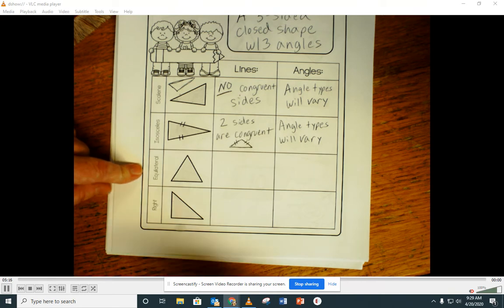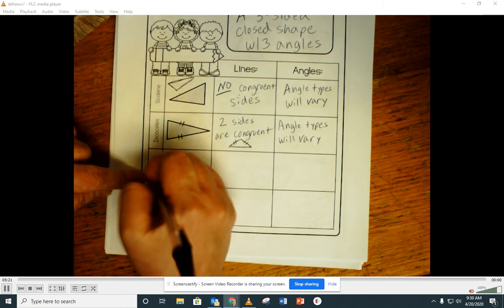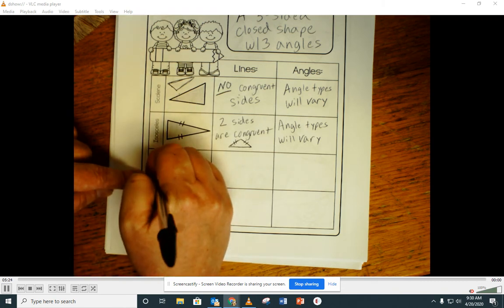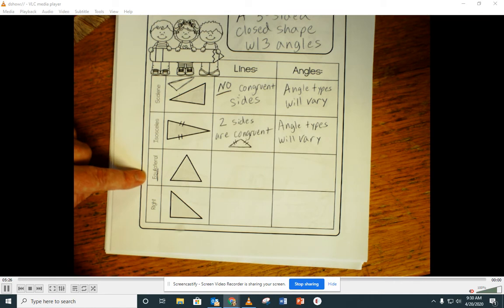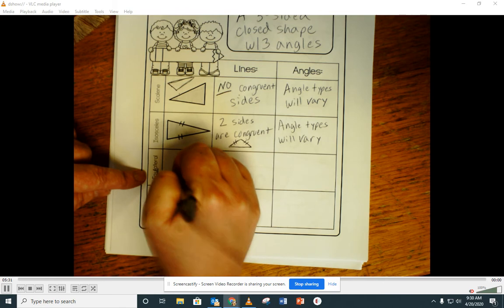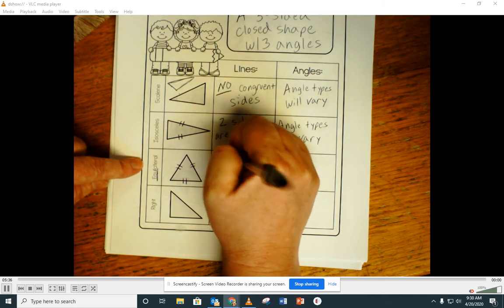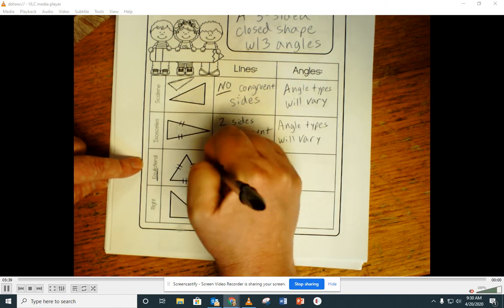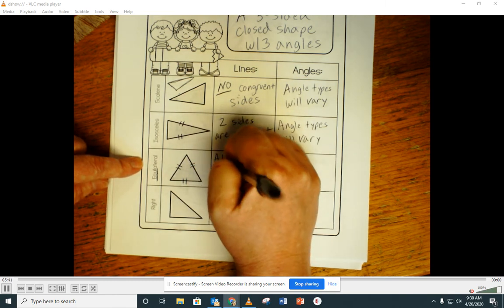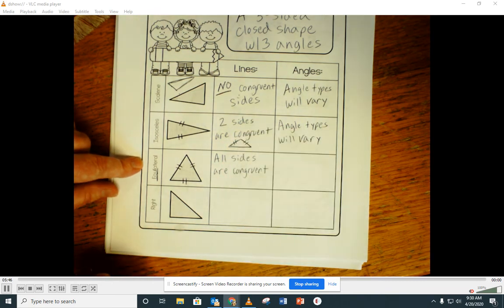Okay, our next kind of triangle is called an equilateral triangle. And you can see the word equal in this, and that is because all the sides are equal. So all sides are congruent, meaning all sides are the same. And all equilateral triangles look the same.